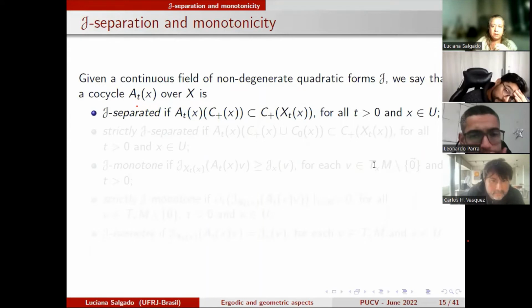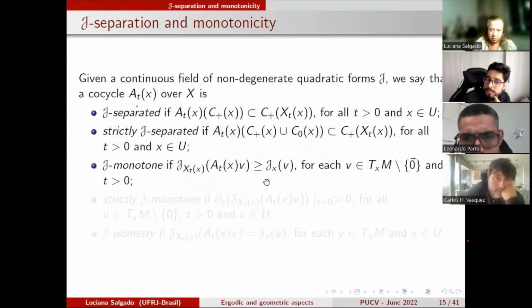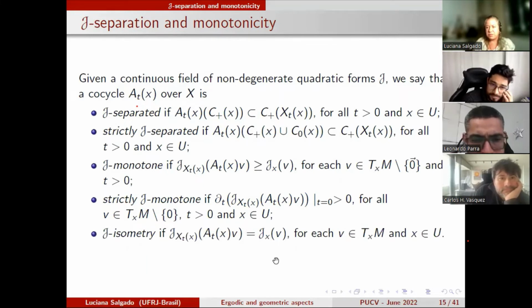I say that this family of quadratic forms is separated if, for a cocycle over a vector field, the cocycle takes the positive cone inside the positive cone at the next step. It is strictly separated if it takes the positive cone with the boundary strictly inside the positive cone. You already know this kind of property. And J is monotone if the function J is a monotone function, strictly monotone if it is strictly monotone, and an isometry, of course, if it is an isometry.